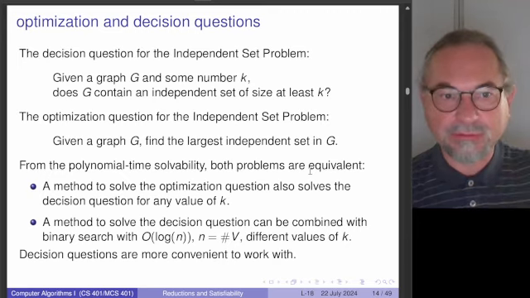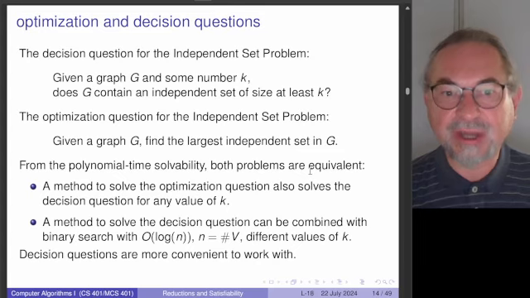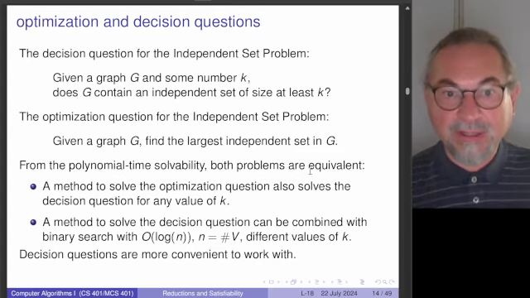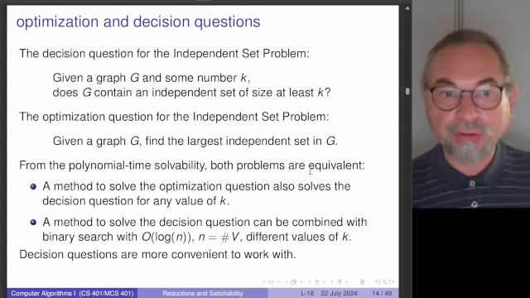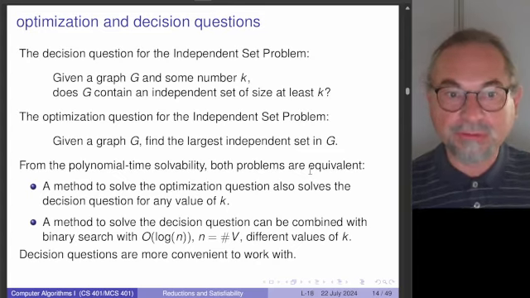You could alternatively ask, given any graph, what is the largest independent set? If you consider the notion of polynomial time solvability, then both problems are equivalent.